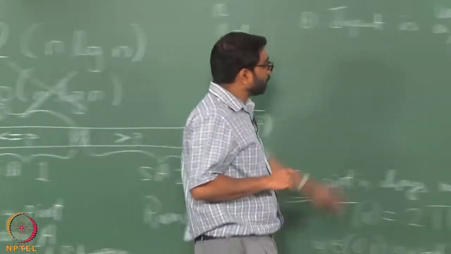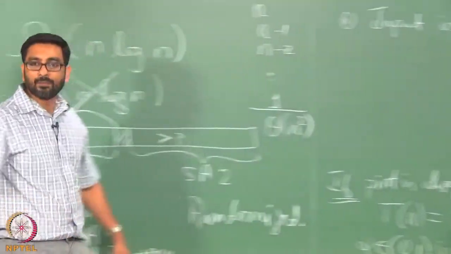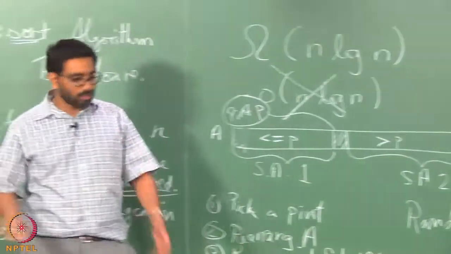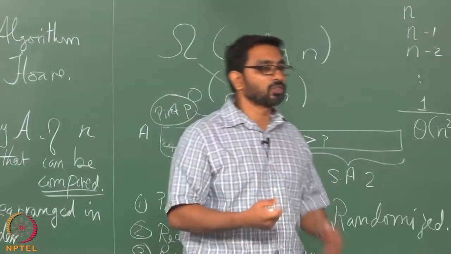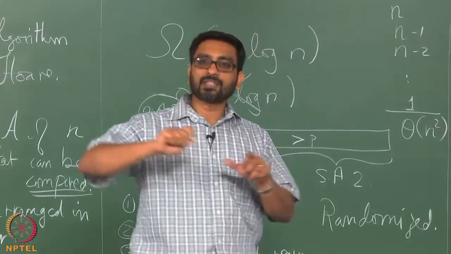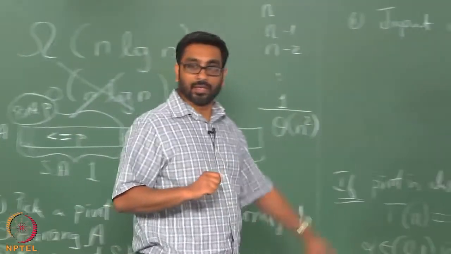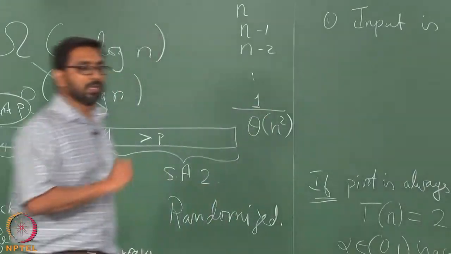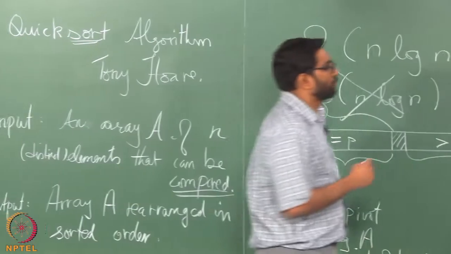But the problem is you cannot always assume that the input is going to be uniformly at random, because the application context could mean that you're sorting an array that's almost sorted already. You're just correcting the few places where it's not sorted. You cannot make that assumption that the input is uniformly at random.